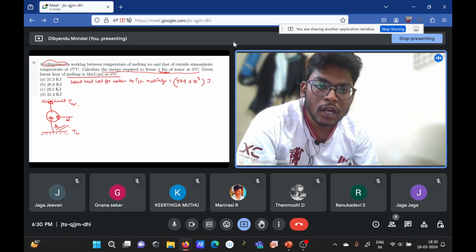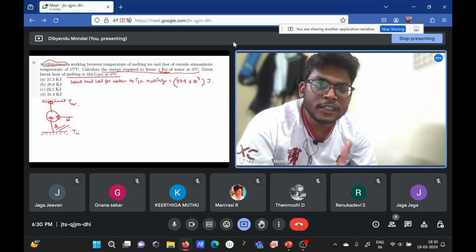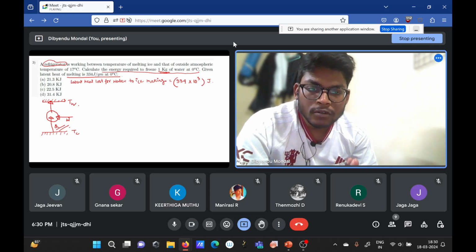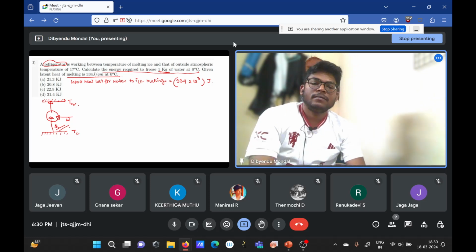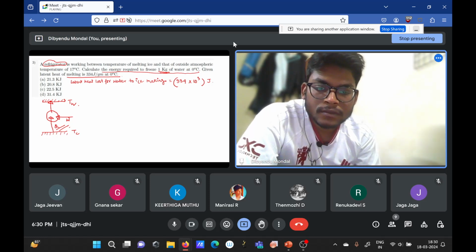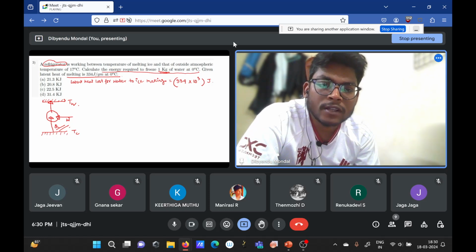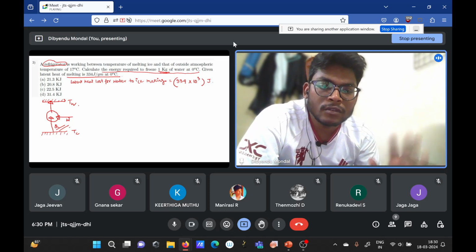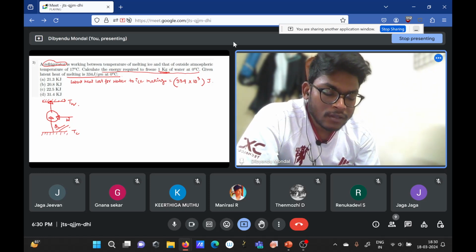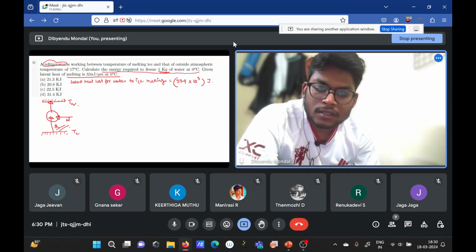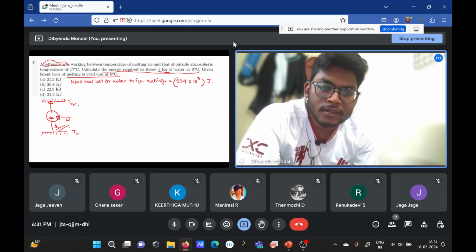Spontaneous heat flow follows a certain direction. Can anyone tell me? Spontaneous means you don't have to do any work. It just flows on its own. In which direction does heat flow naturally?